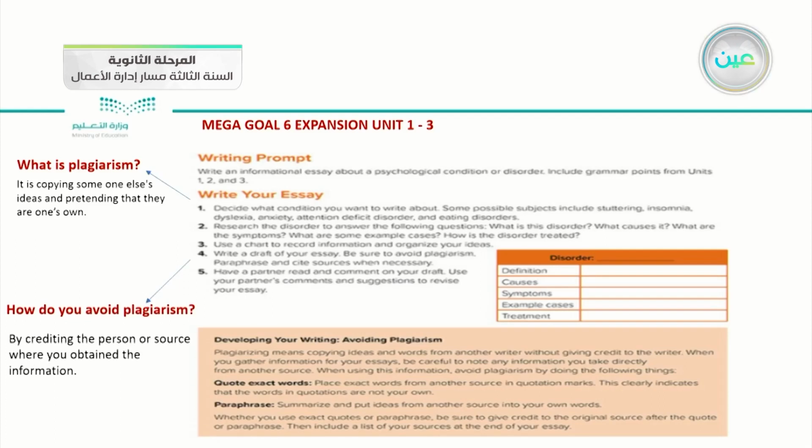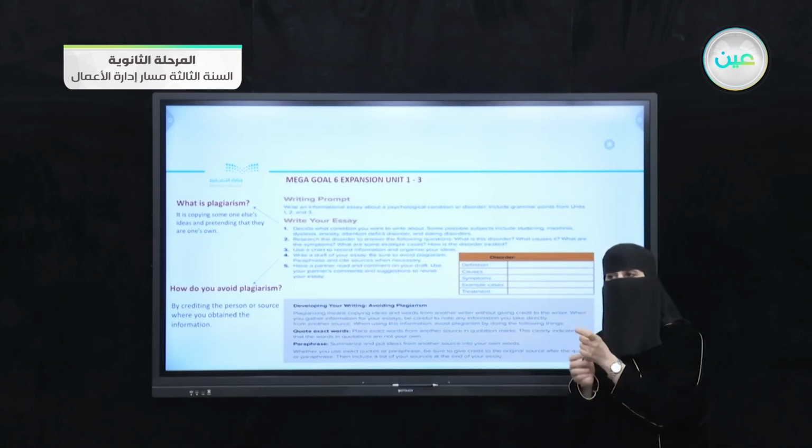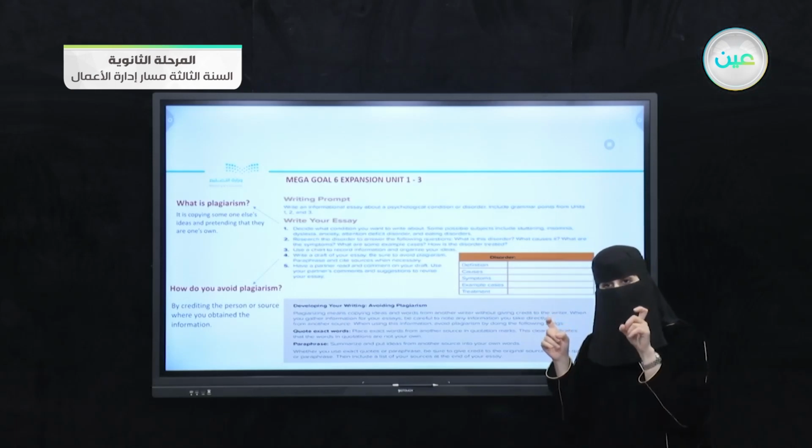I can avoid plagiarism by crediting the persons or source where you obtained the information. So if I found a good example or a good word from research, I can put it between quotation marks, which means that this is not mine.